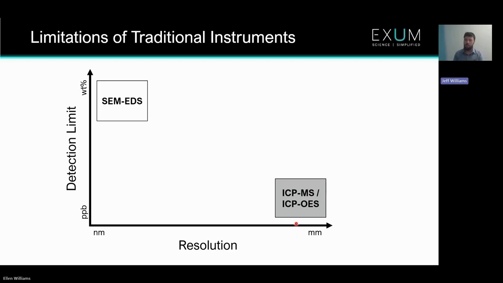You need acid labs. You need a lot of argon or helium gas supplies, or now some nitrogen gas supplies. You basically have a lot of consumables. You need clean lab. It's a lot of overhead. And you're only able to look at one data point, generally speaking. You get a point of data for whatever it is. Doesn't show you where your chemistry is, like what SEM-EDS is doing.